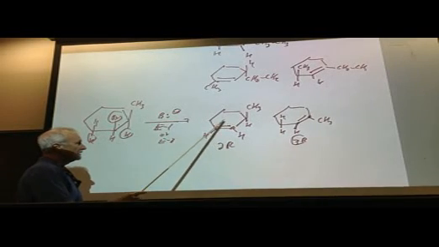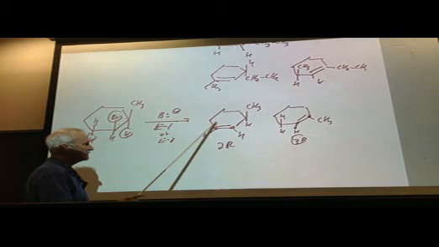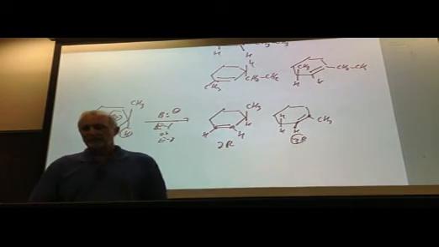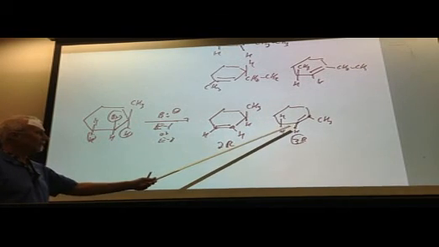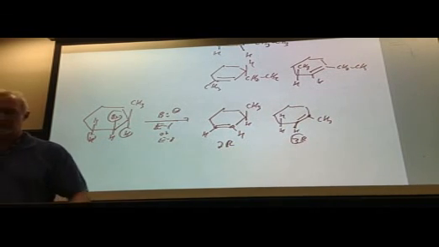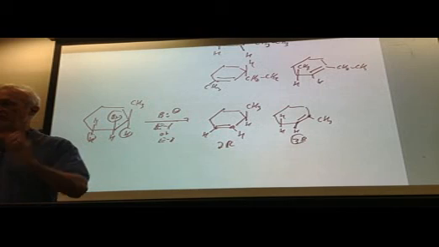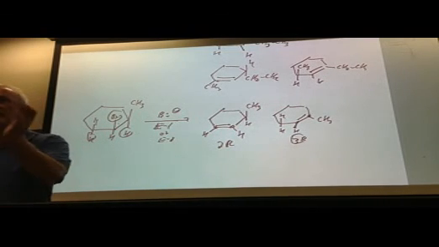So this is less stable because I only have two R groups. Here's one, here's the other. This is more stable because I have 1, 2, 3 R groups. So I only have one hydrogen here. So the major product would be the more highly substituted alkene. If there are no other restraints, it's free to go in either direction.